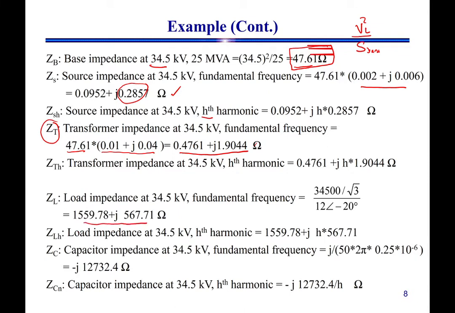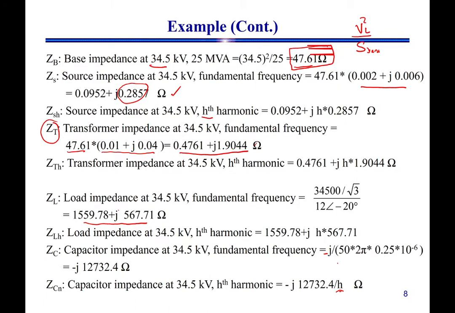Again, at any harmonic, this one will be multiplied by H. For the capacitor bank, again, it's 1 over j omega C, so that will give us minus j 12732.4 ohm. And at any harmonic, we divide that by H, because omega will be in the denominator.